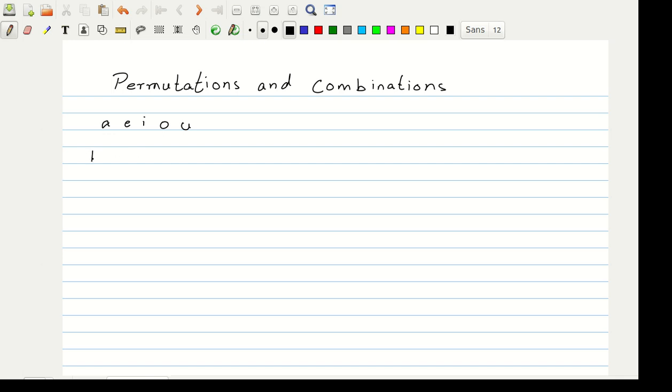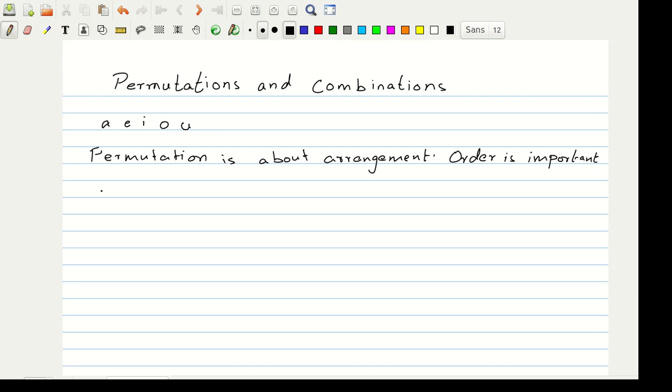So permutation is about arrangement, and in this case the order is important. So we have to distinguish between order. Okay, so let us try to arrange 2 of these letters out of these 5 letters.